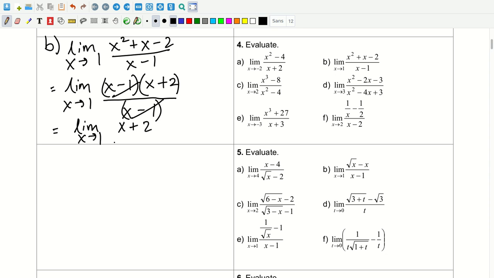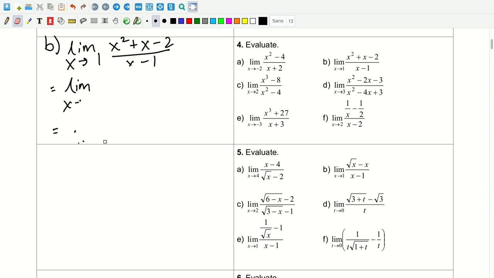So now I can just plug in x equal 1, and I get 1 plus 2, which is 3 as my answer. So that's that question. Once you do this enough, you get the hang of it, and it becomes really straightforward. It's not too bad, and I'm hoping it becomes second nature to you. So we've got part C.